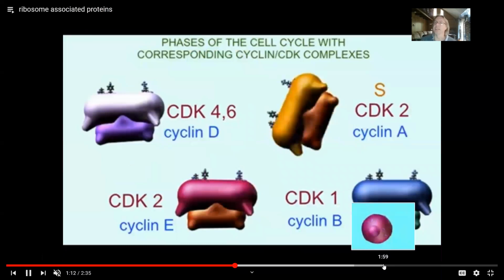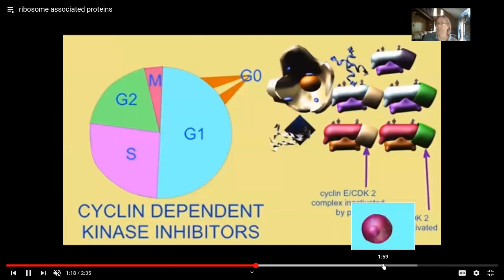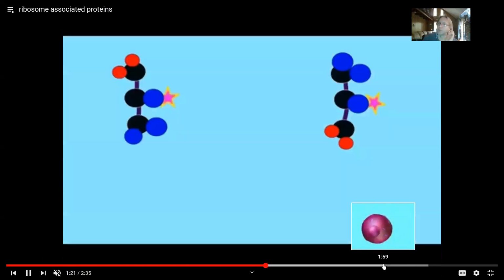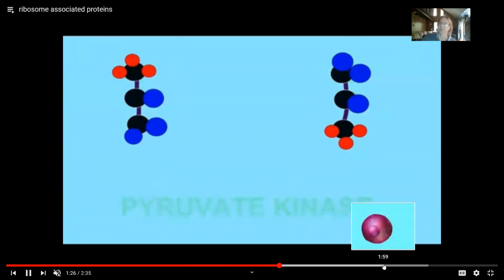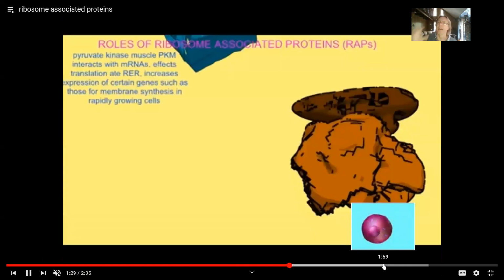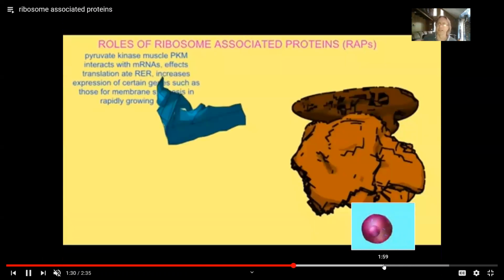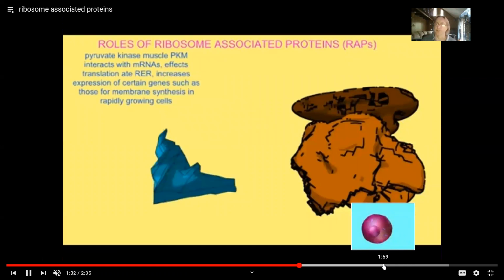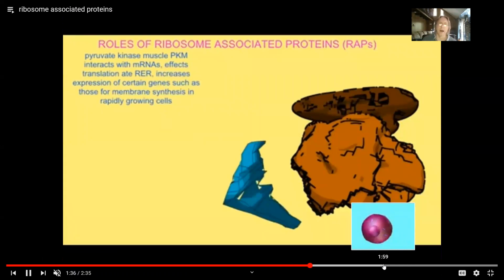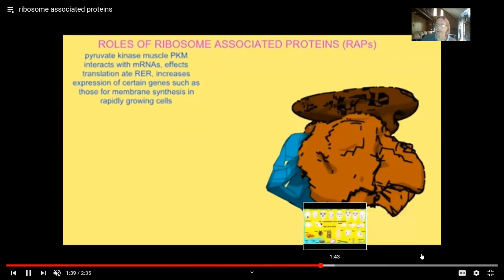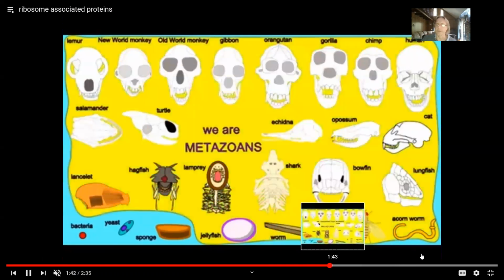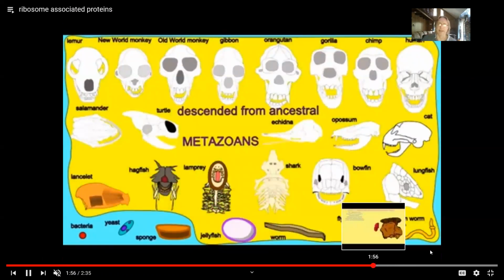Some of these proteins might only be made at certain stages of the cell cycle. And so a ribosome needs to be fully functional, a ribosome associated protein that's only made in G1. So when the cell decides, hey, it's time to divide, we're going to progress through G1, then the ribosome associated protein is made, which then causes the translation of the mRNAs for proteins active at that time.